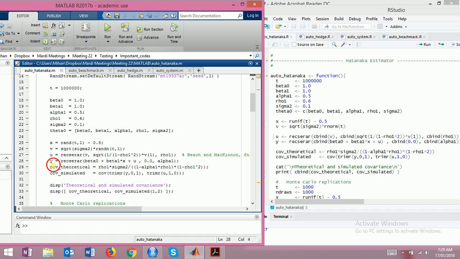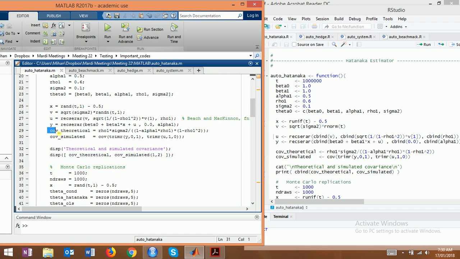Then beta naught plus beta 1 x plus u, in place of x we are putting it, then in place of y naught we are putting 0, and alpha is in place of coefficient alpha 1. That is how we put recursive estimation on y. So theoretical covariance is rho sigma square divided by 1 minus alpha 1 rho 1 into 1 minus rho square, and simulated is this.